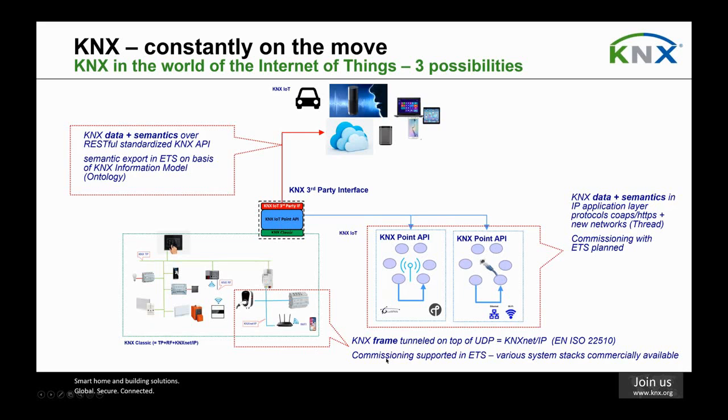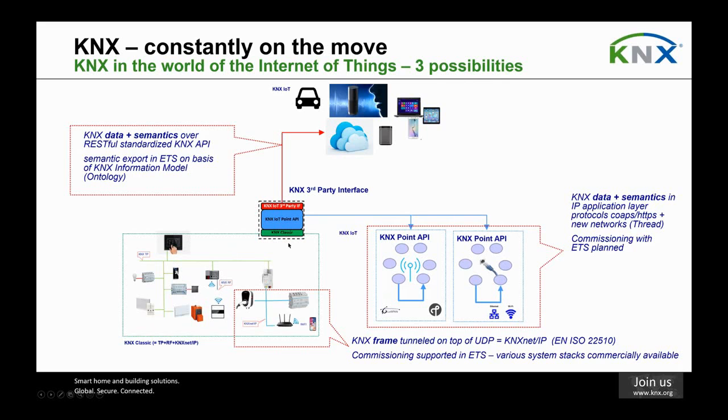There are many system providers that provide such commercial stacks to make a product KNX Net IP compatible. And these products can also be configured in ETS, but as I said, this is a system that transports the entire KNX frame across IP networks, so as a direct extension of twisted pair and radio frequency.